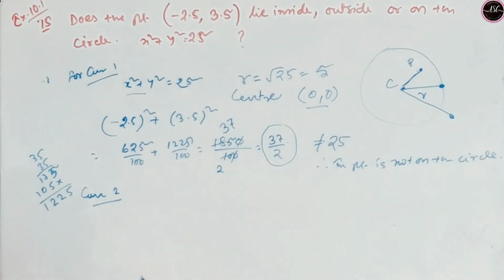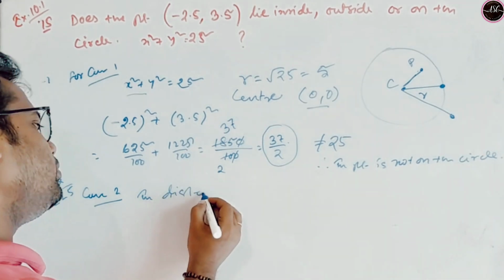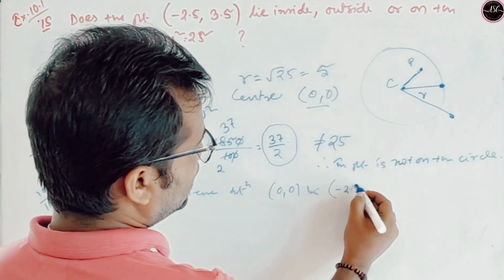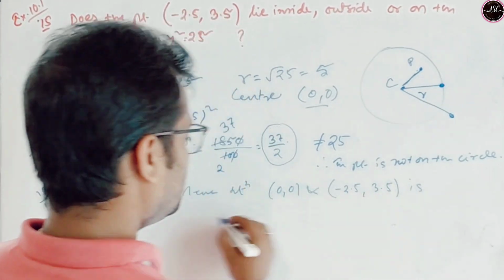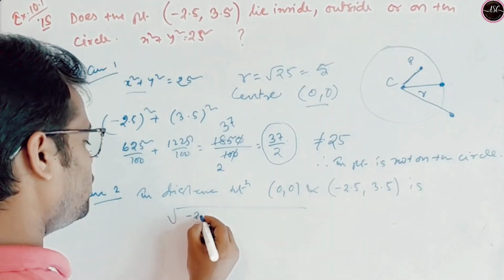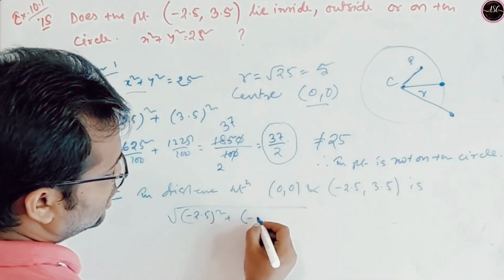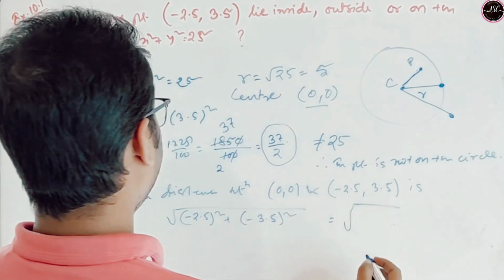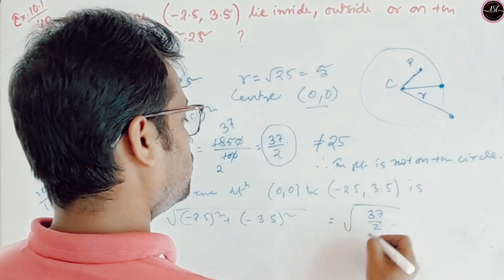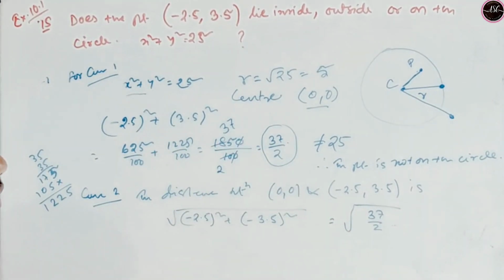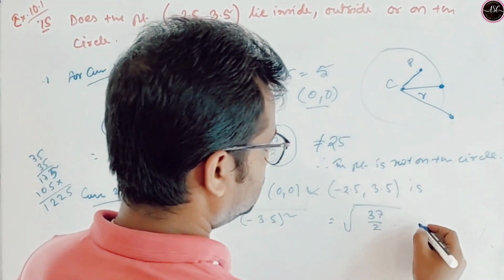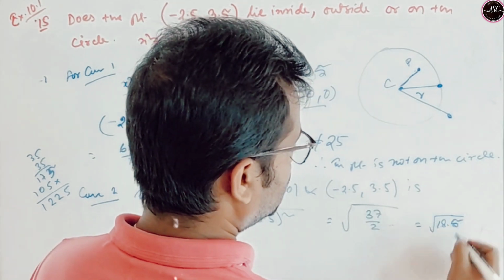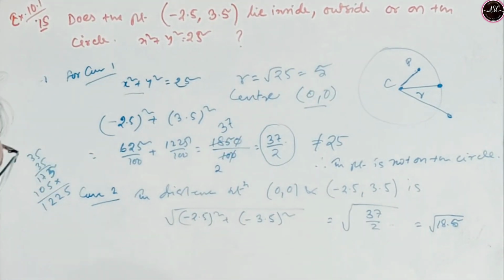The distance between (0, 0) and (-2.5, 3.5) is root of (-2.5)² + (3.5)², so it will be root of 37 by 2, roughly root of 18 plus 18.5.